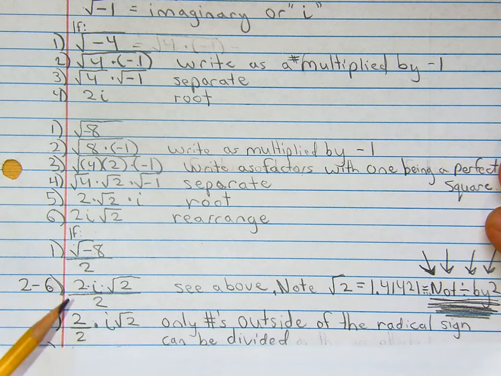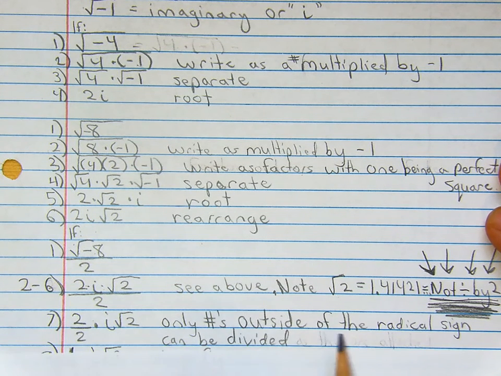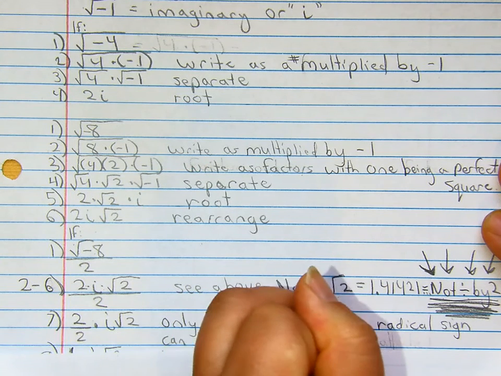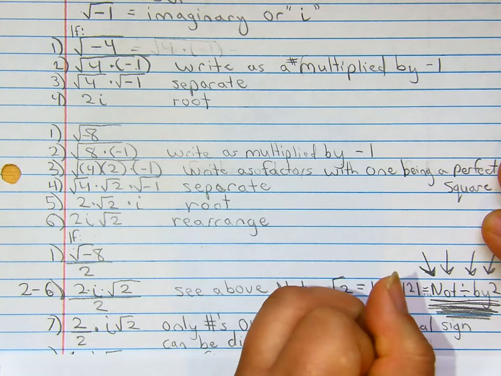So only numbers outside of the radical sign can be divided by a whole number.